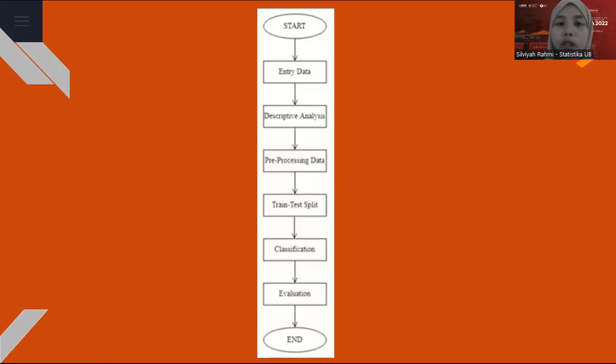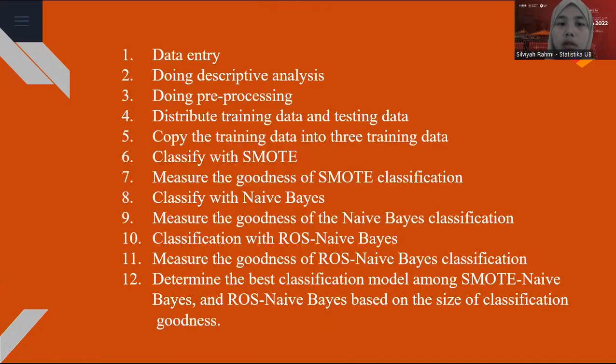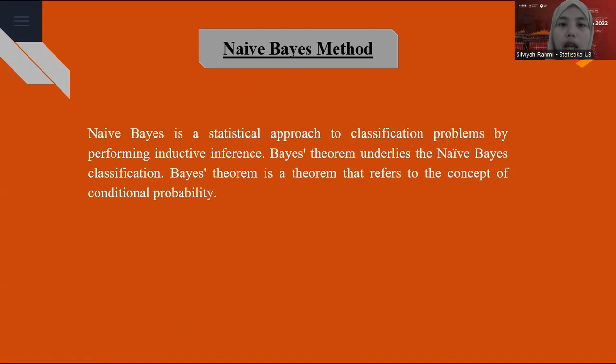This is our flowchart, which means they have the same characteristics in this algorithm. And we know naive Bayes classifier is a statistical approach to classification that performs inductive inference.